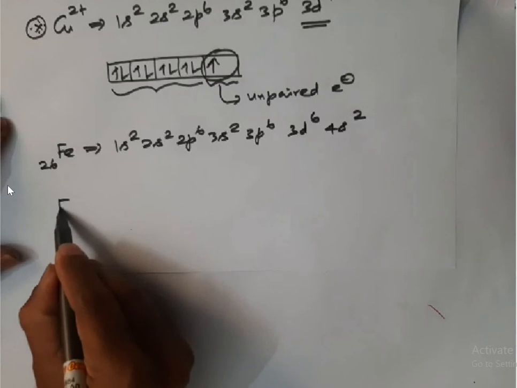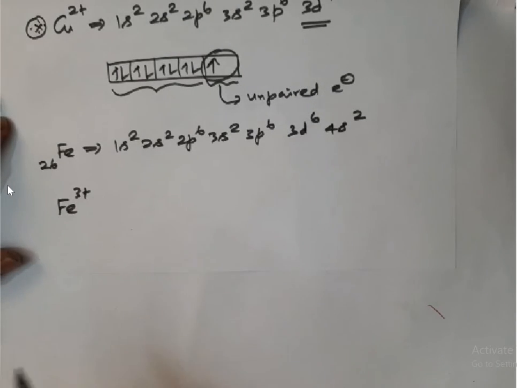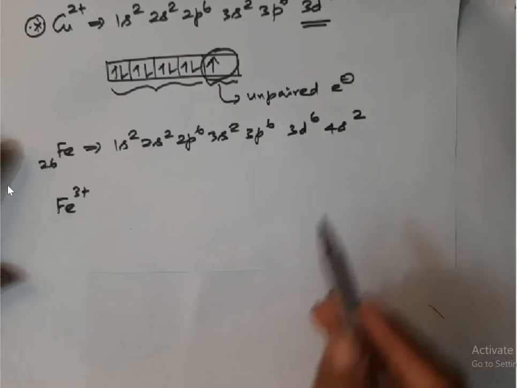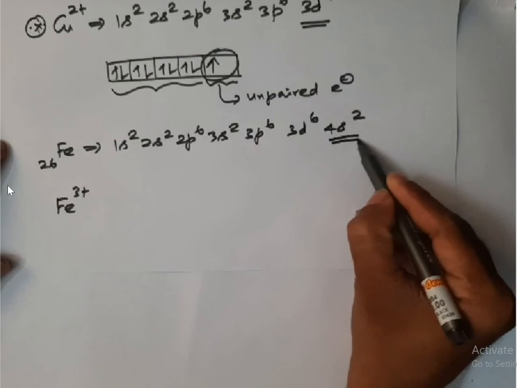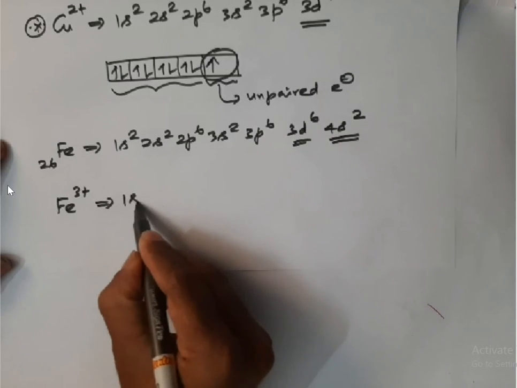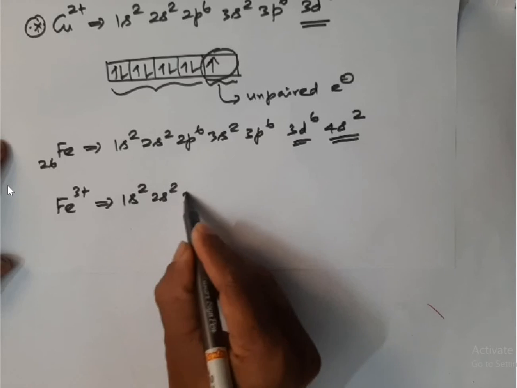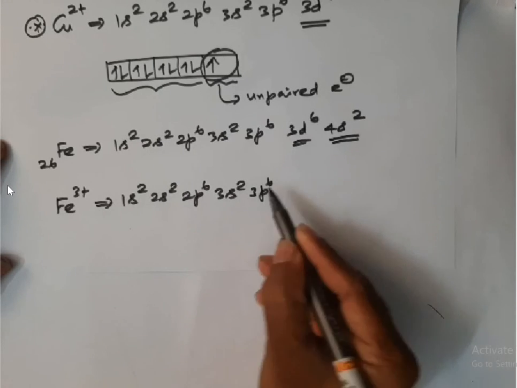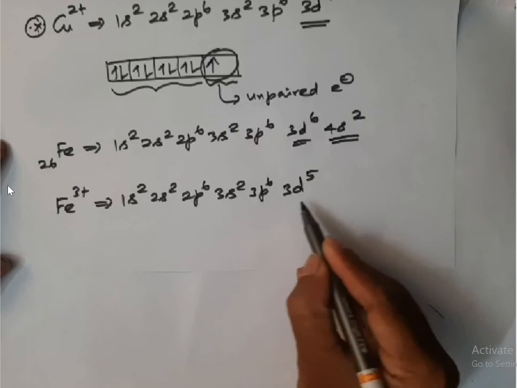Now I am going to remove 3 electrons. Let us take Fe3 plus. Fe3 plus means we should remove 3 electrons: remove 2 electrons from 4s and remove 1 electron from 3d. So I will get 1s2, 2s2, 2p6, 3s2, 3p6, and this becomes 3d5.